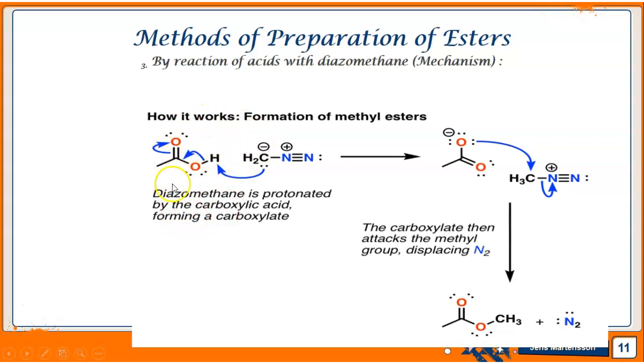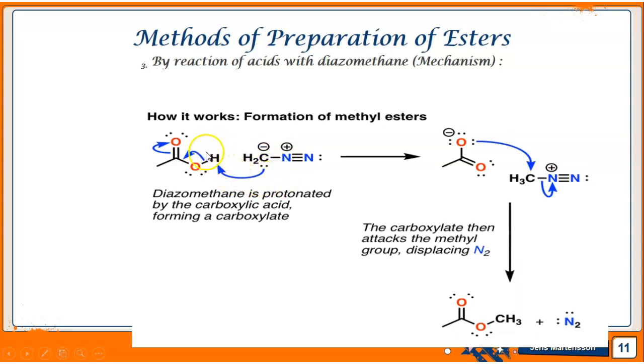See, this is the structure of your acid. What is happening in this particular acid? You can see diazomethane is protonated first of all, and after getting protonated, the negative charge on the carbon will act as a nucleophile.